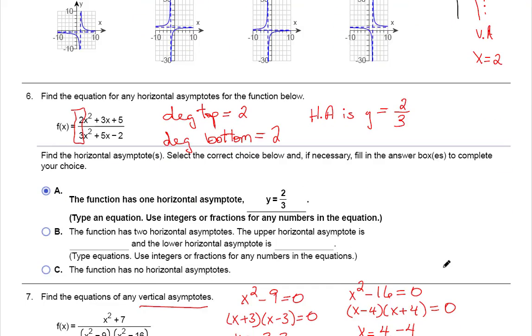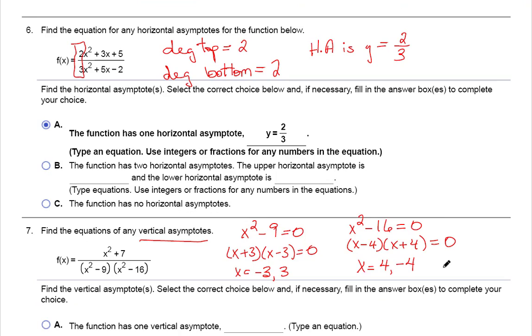Okay, let's see. Question 6, we're looking for horizontal. That's it, horizontal. Well, let's see, degree of the top is 2, degree of the bottom is 2. So the horizontal asymptote will be just these two coefficients of 2/3. What about this one?